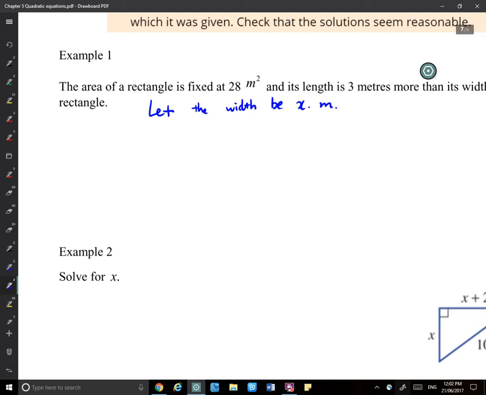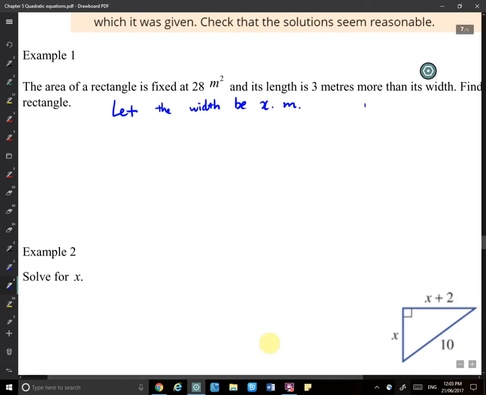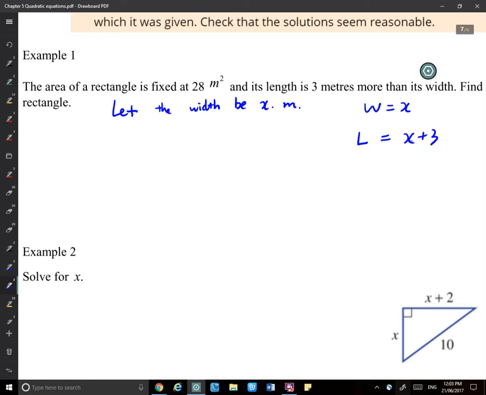Let x be, well, it doesn't necessarily have to be x. You can say let w be the width. What is the length? x plus 3 will be the length. So width equals x, therefore length will be x plus 3. It's always 3 meters longer than its width.